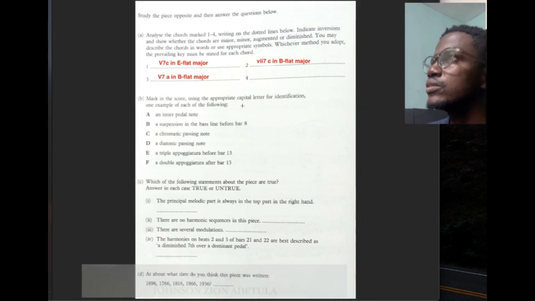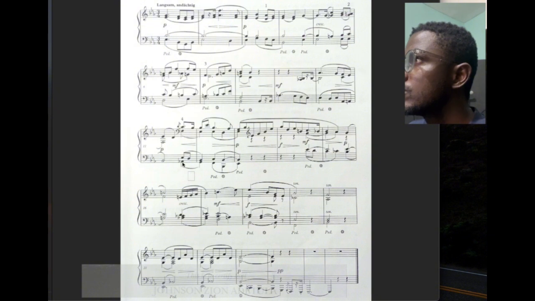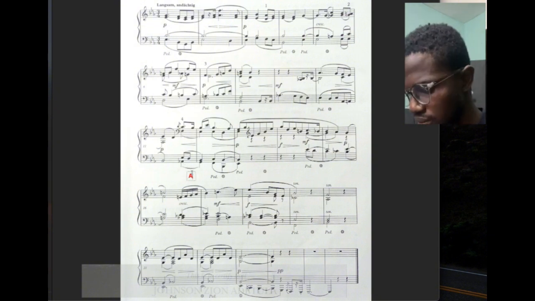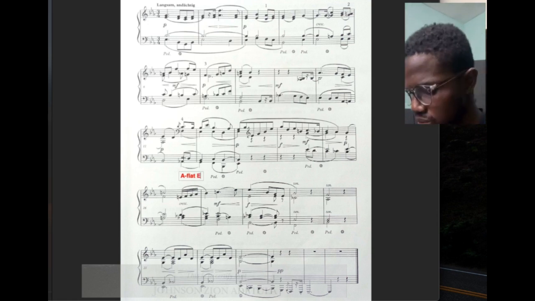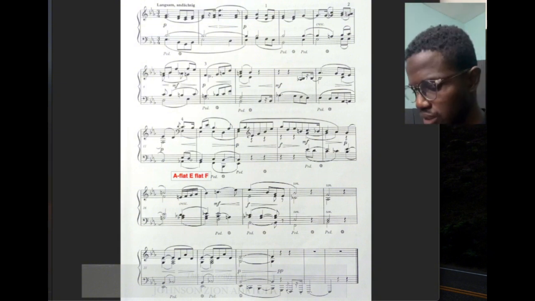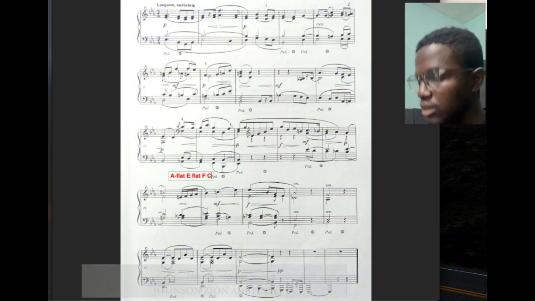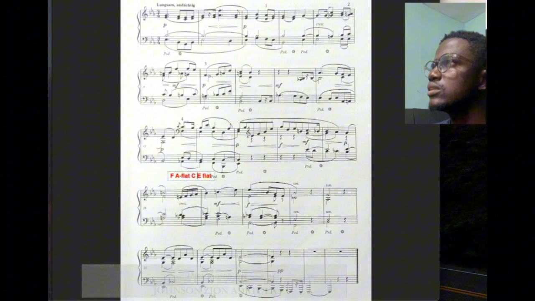Going to the fourth chord. Fourth chord is in bar 11, starting with the A flat, going to E flat. There's a change of clef over here, so this is F and C. So rearranging, you get F, A flat, C, E flat.